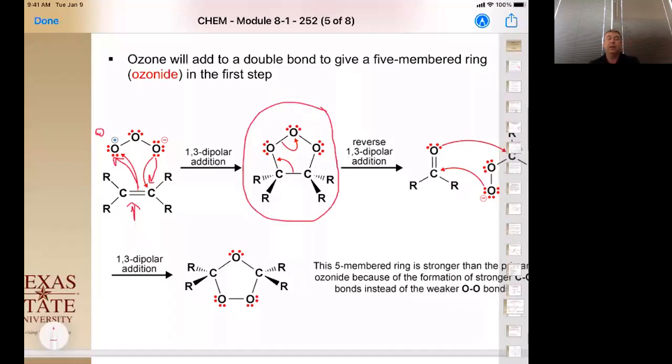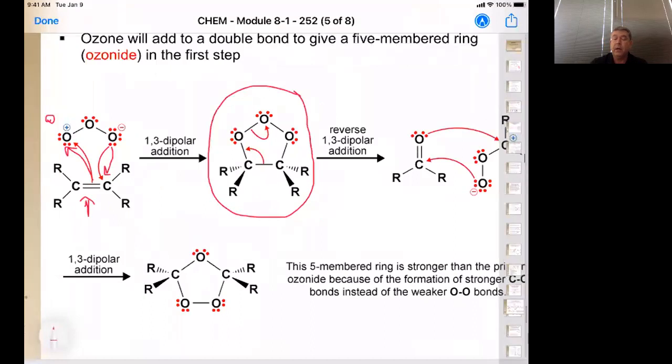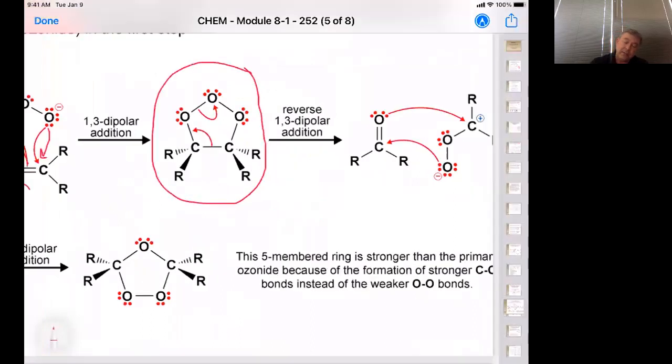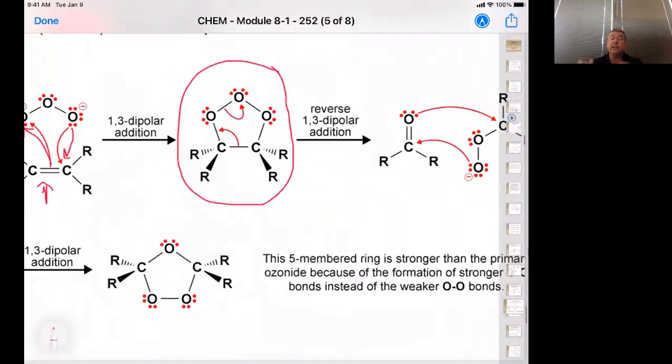Okay. So the problem is this cyclic intermediate is not very stable. It's going to try to break apart and change into a ketone, but then we notice we have this dioxygen species, this peroxy anion, which is still in close proximity to that ketone.